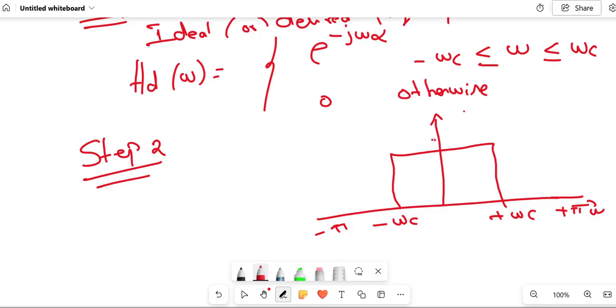This is hd of omega. So what is c? c is 1. Okay, c is for rectangular window. So the desired frequency response of low pass filter is, from minus omega c to plus omega c, e power minus j omega alpha, 0 otherwise.